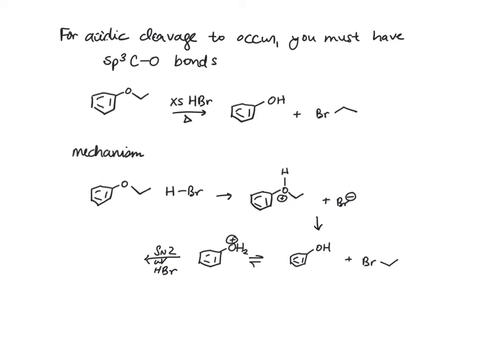For acidic cleavage to occur, you must have sp3 hybridized carbon-oxygen bonds. Let's take a look at this following example to show why you only get one bromide as the product and the other one remains an alcohol. And the mechanism for this reaction, the first step is to protonate the oxygen with our strong acid. And then we have bromide as a spectator anion, which was the leaving group.